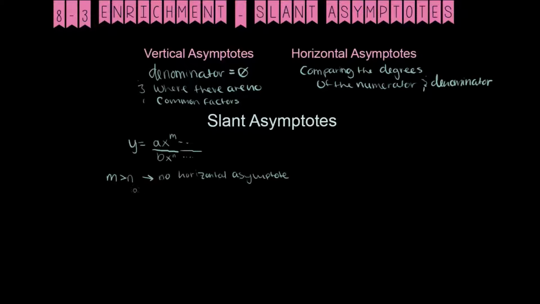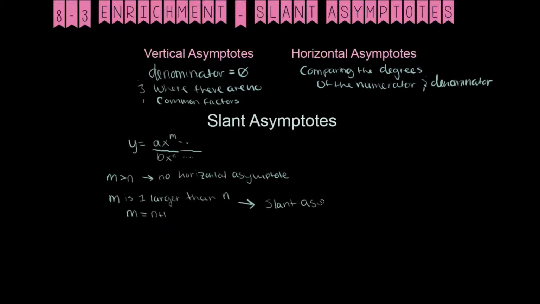If n is greater than m or they're equal, we have a horizontal asymptote. However, if m is 1 larger than n, so we could say that m equals n plus 1, we are going to have a slant asymptote.